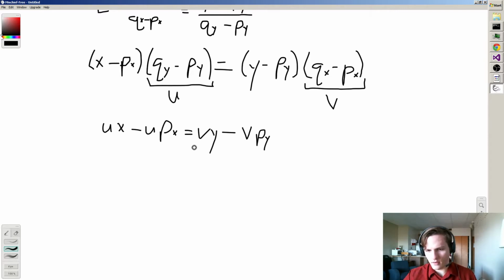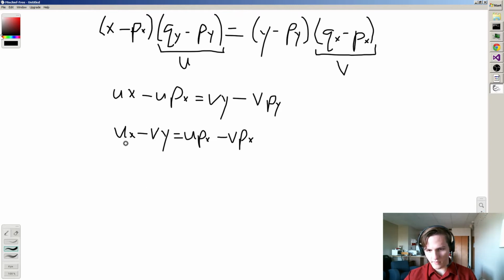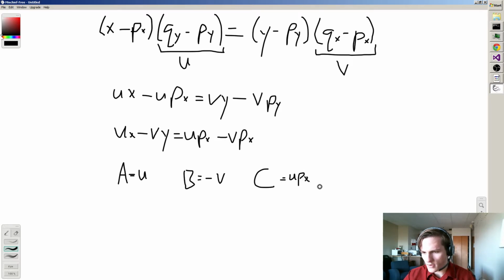And then I subtract the vy over and I add the upx over. So I get ux minus vy equals upx minus vpy. And then I basically have my a, b, and c. So a should equal u, b should equal negative v, and c should equal upx minus vpy.